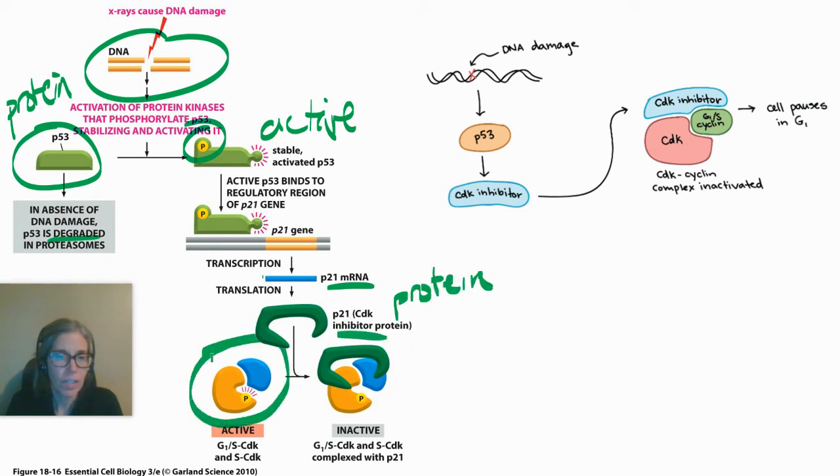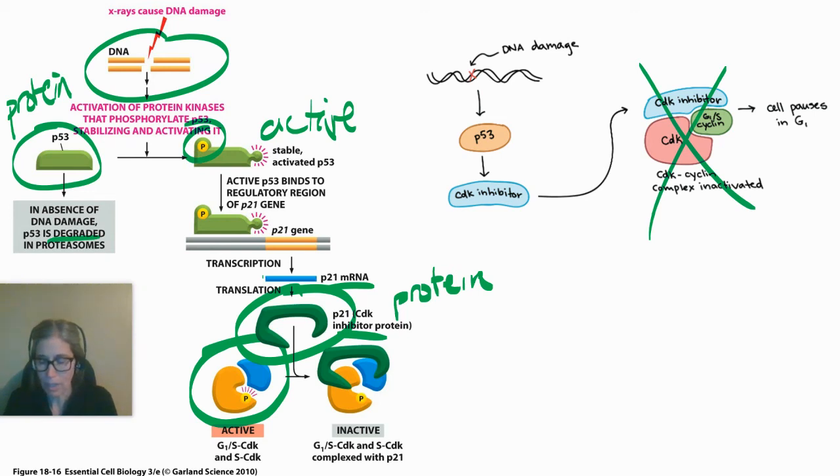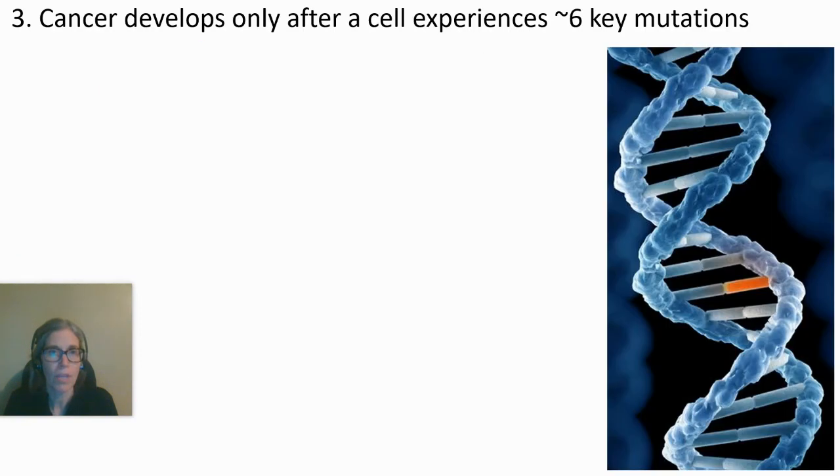So this cyclin CDK complex should go ahead and start a signal transduction cascade that makes all of the enzymes for DNA replication become activated. But because you have this p21, it just halts that whole thing. So now the CDK is not active, and it can't go ahead and get into the next part of the cell cycle.